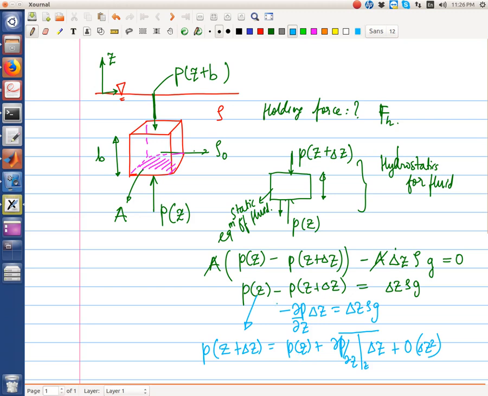Okay, so we have this, which is the same as saying minus del P del Z is equal to rho into G, which implies P2 minus P1 is equal to rho G Z1 minus Z2.